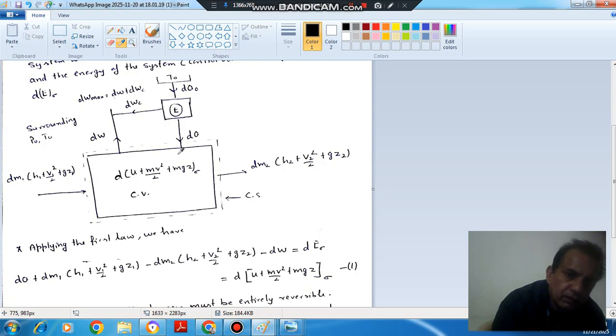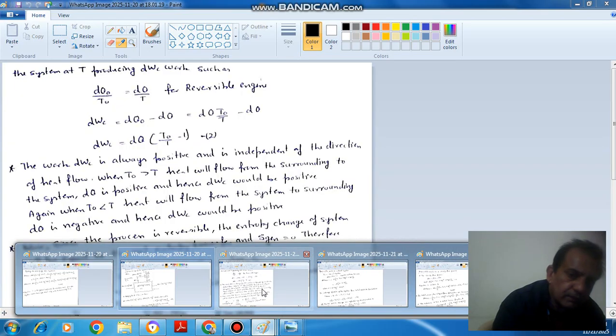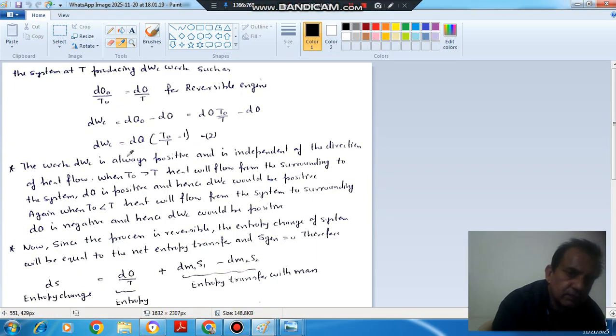If T is greater than T naught, then the direction of dQ will get reversed, and dQ naught will also get reversed, but then the work done will be dQ minus dQ naught, and dWc will always be positive, because then dQ will be more than dQ naught. So dWc will be equal to dQ times T naught by T minus 1. This is equation number 2, and this will always be positive.